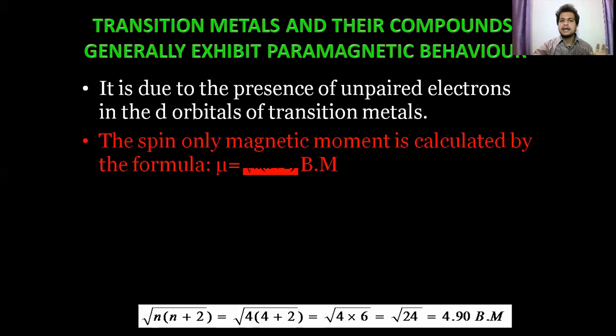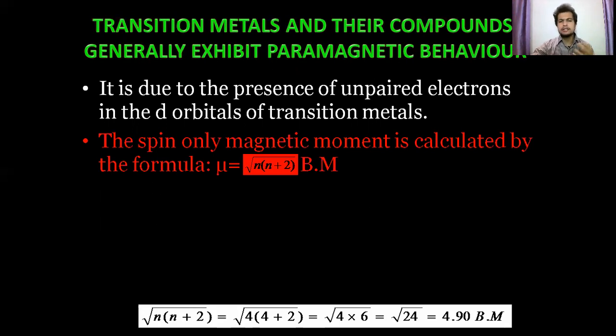The magnetic moment can be easily calculated using the spin only formula, which you can see on your screen: mu equals root over n into n plus 2 BM. BM stands for Bohr magneton, the unit of magnetic moment.